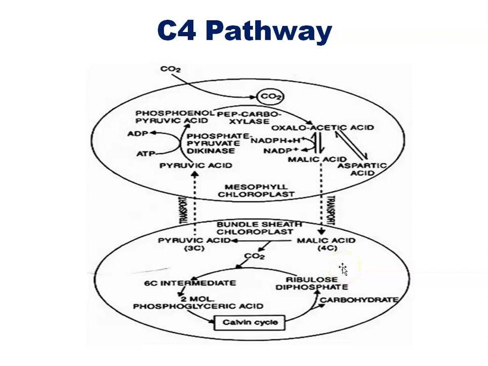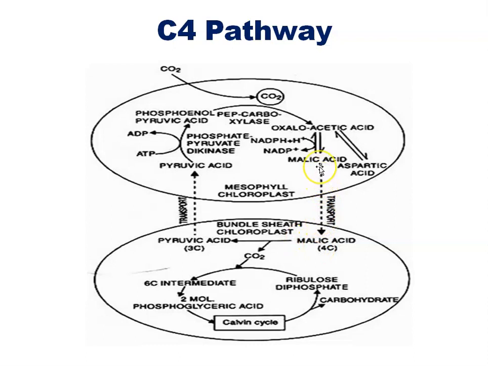Here, addition of carbon dioxide, meaning carboxylation, has the product oxaloacetic acid, a 4-carbon compound. Then breakdown of oxaloacetate into 2 compounds, aspartate and malate, both 4-carbon compounds. The third step is splitting.